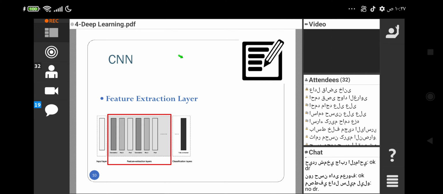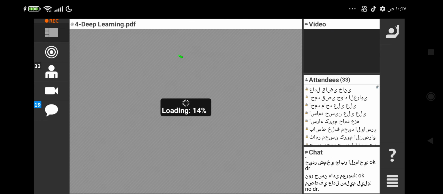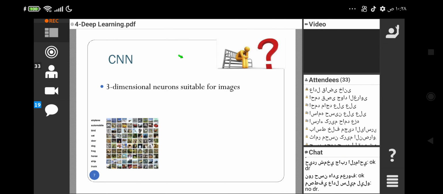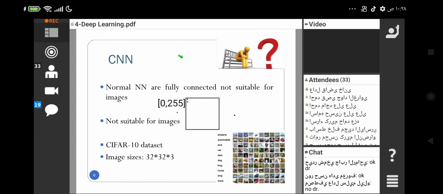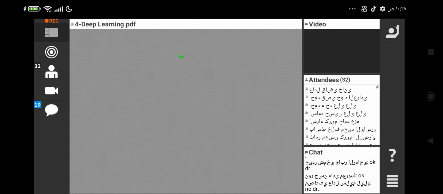Or if the resolution is 32 multiplied by 32 multiplied by 3, like in the CIFAR dataset, it is 3072 pixels.